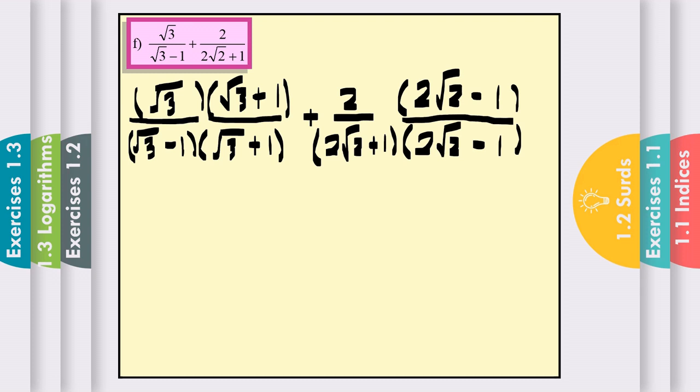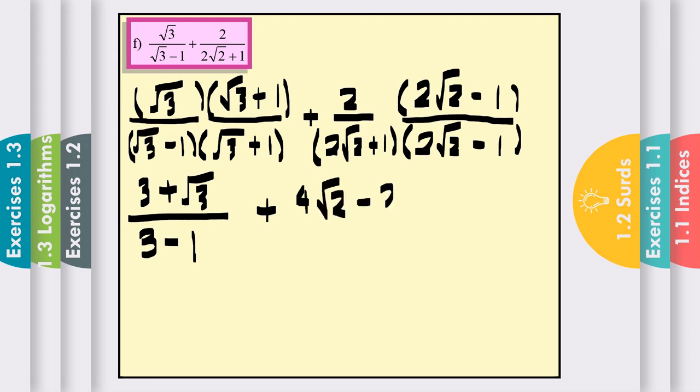When we try to expand separately, square root 3 times square root 3 is 3, square root 3 times 1 gives square root 3 over square root 3 times square root 3 is 3, negative square root 3 plus positive square root 3, and then the last one minus 1, plus 2 times 2 is 4, 4 square root 2 minus 2 over 2 times 2 is 4, square root 2 times square root 2 is going to be 4 times 2, positive square root 2 minus 2 square root 2, and the last one is minus 1.